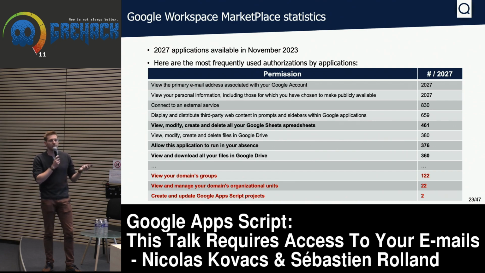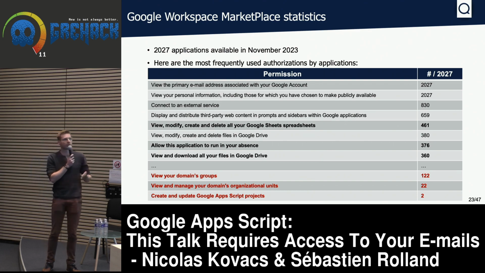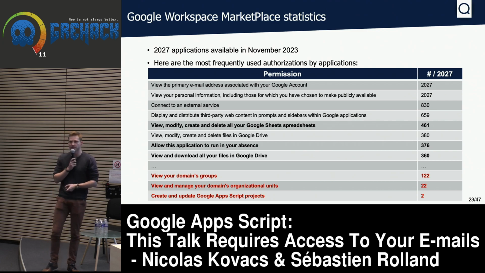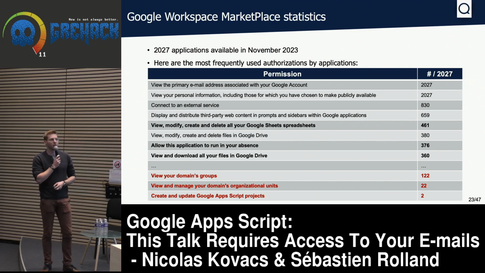All of them are asking for your email address and your personal information, so it is mandatory. A bit less than one half is asking to connect to external services. A quarter is asking to show, modify, create, and delete all your Google spreadsheets. A bit more than 300 are asking to run in your absence or view and download all your files in Google Drive.